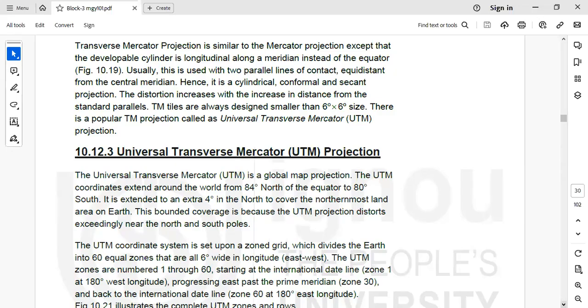So if we represent the features of the Earth by using the universal transverse Mercator map projection in the northern hemisphere, without distortions or without many errors, we can represent the area from 0° at the equator to 84° north. So this is one of the main characteristic features of the universal transverse Mercator map projection.